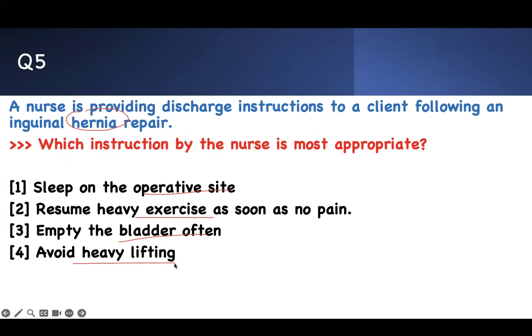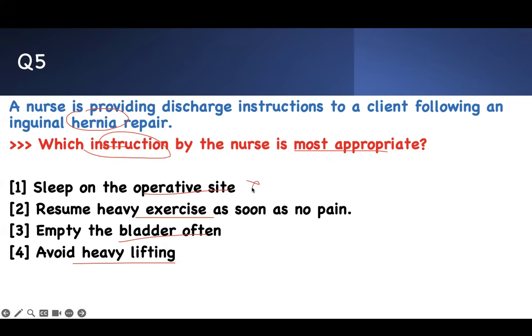Avoid heavy lifting is what? This is direct intra-abdominal pressure. So when you resume activity right away, it's going to do the same thing, but all four of them, there's a clue there, right? Which instruction is most appropriate? Think about it. The question says, which instruction should the nurse provide is most appropriate?